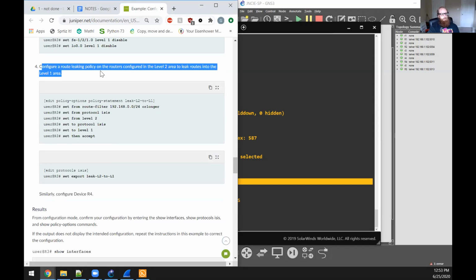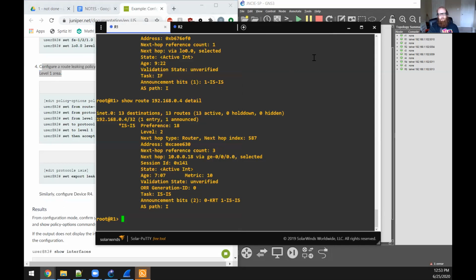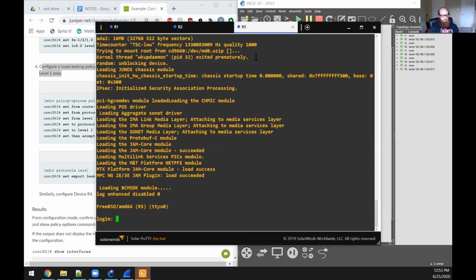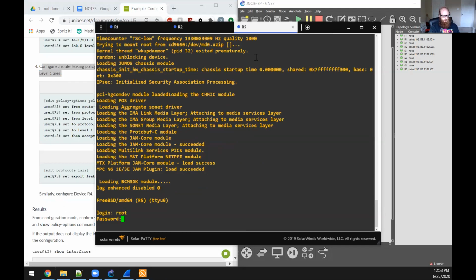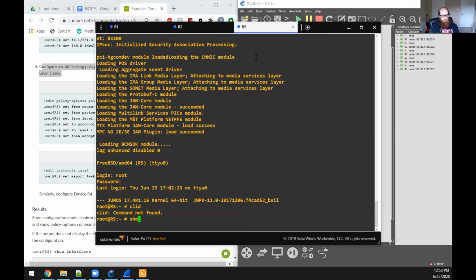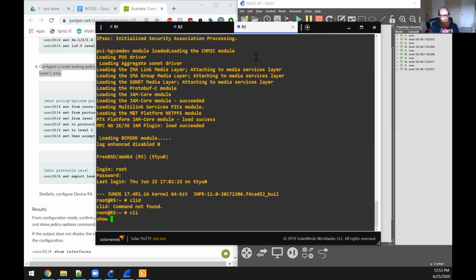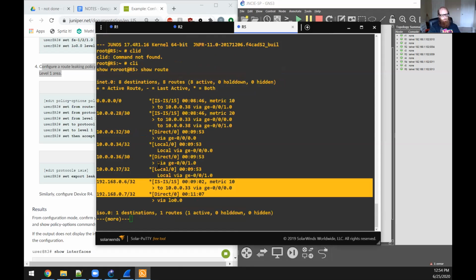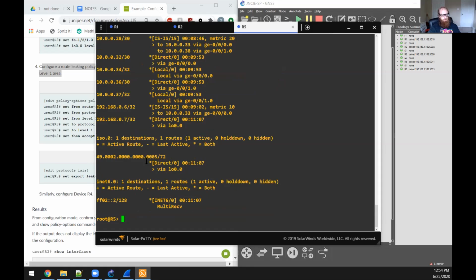Configure a route leaking policy on the routers configured in the level 2 area to leak routes into the level 1 area, but we can see that obviously did not work. We don't have those routes leaked into the level 1 area. All we've got are the loopbacks that are already in the level 1 area. We don't have them from the level 2 area.